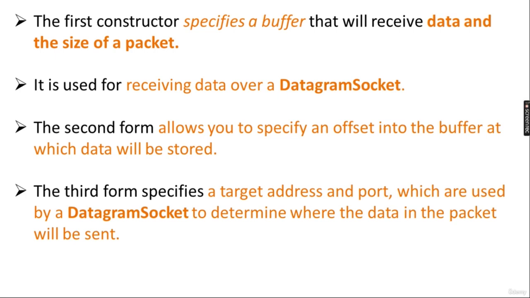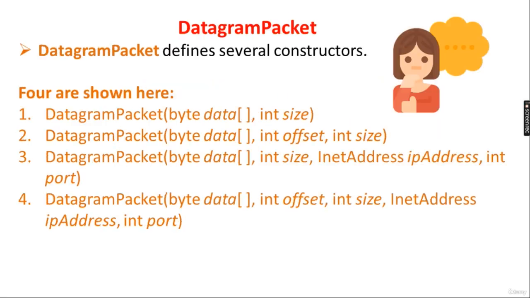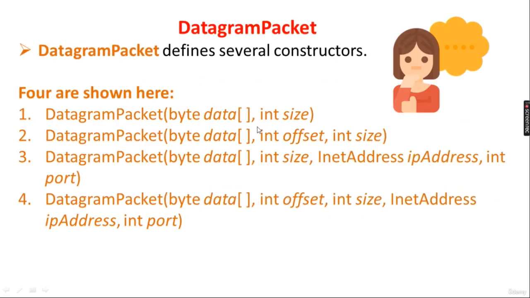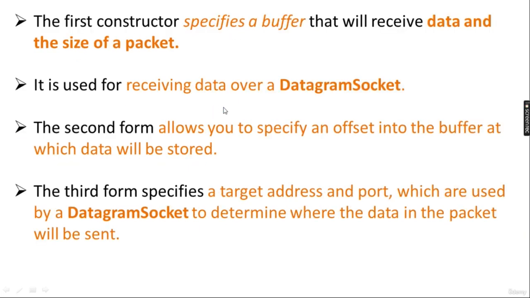The first specifies a buffer that will receive data and the size of the packet. So you will specify a buffer that will receive data in this packet. It is used for receiving data over a datagram socket. The second allows you to specify an offset into the buffer at which data will be stored.